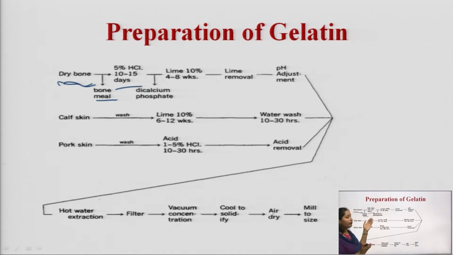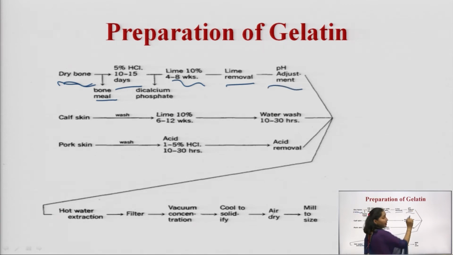On treatment with the acid, dicalcium phosphate is formed as a byproduct. Then this is treated with 10% lime solution for 8 to 10 weeks. Then it is washed so that all the lime water is removed properly from the bones. Then finally the pH is adjusted.